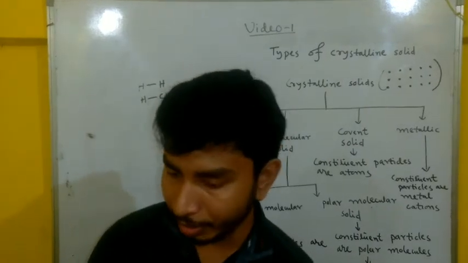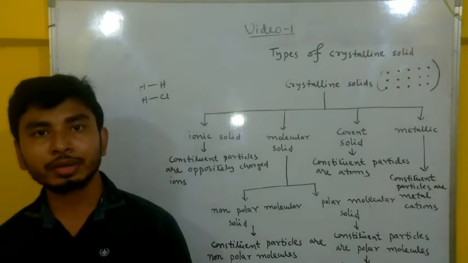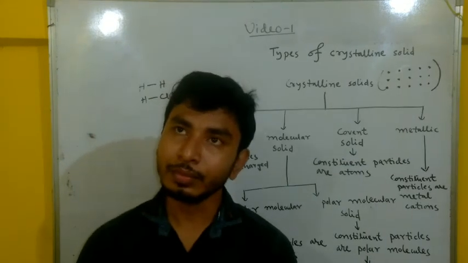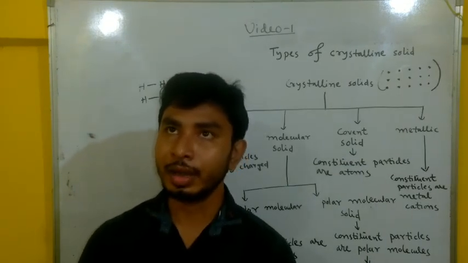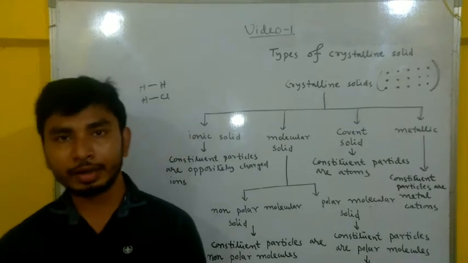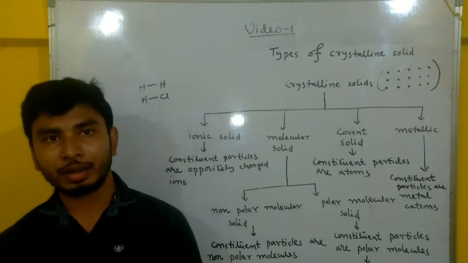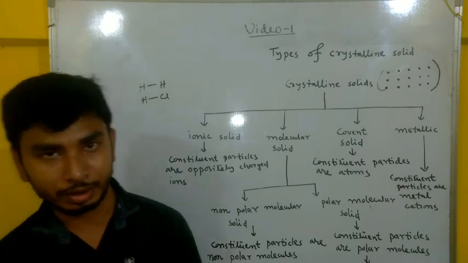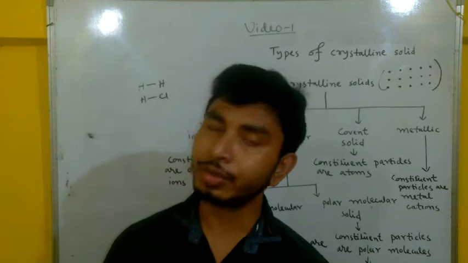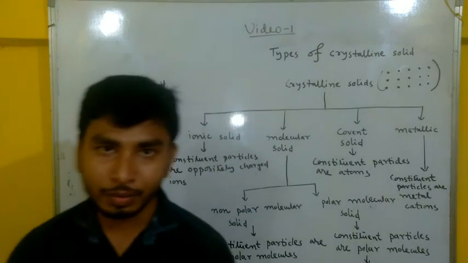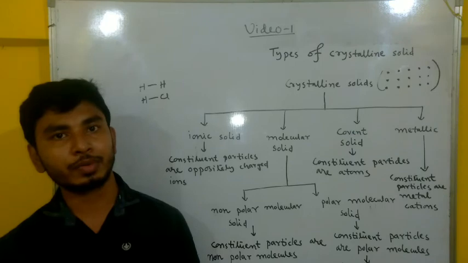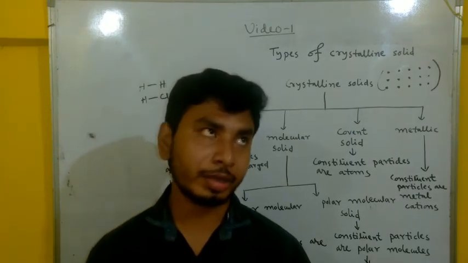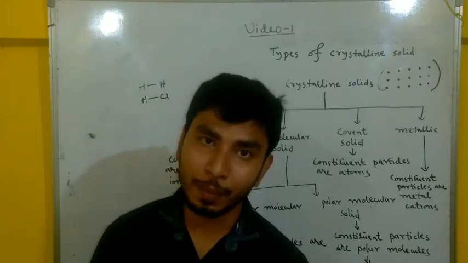So in this video, first we have discussed crystalline solid and amorphous solid. In crystalline solid, we have seen that if the particles are arranged in a regular manner, if there is a pattern of arrangement of the particles, then the solid is called crystalline solid. And if there is no arrangement of the particles, that is, the particles are distributed randomly, then the solid is called amorphous solid. Next, crystalline solids are anisotropic in nature.